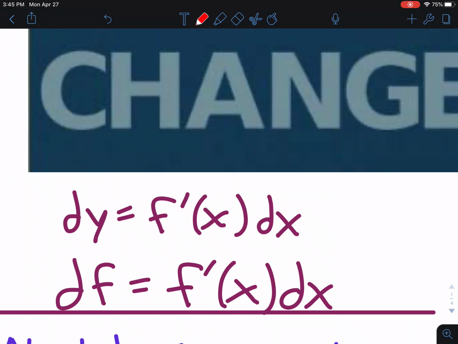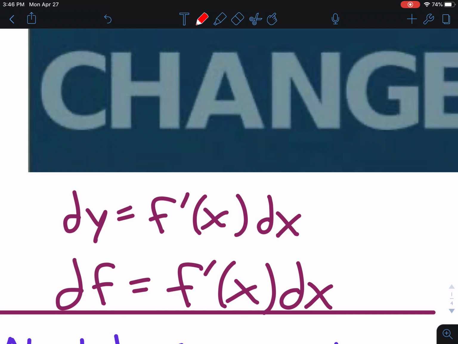So the differential dy is the same as the differential df. Sometimes we write y is a function of x, y equals f of x. The second way is just keeping the variables the same, so df is the differential of the output, which would be f of x. So we get the same formula there.